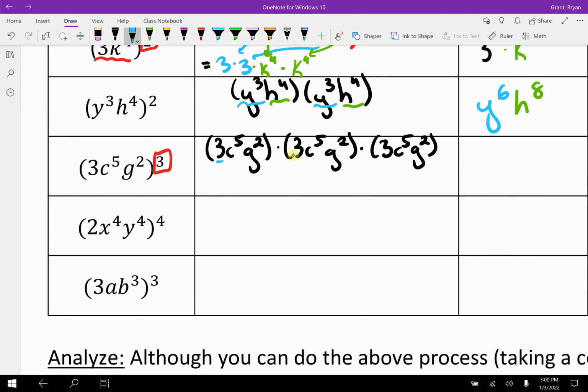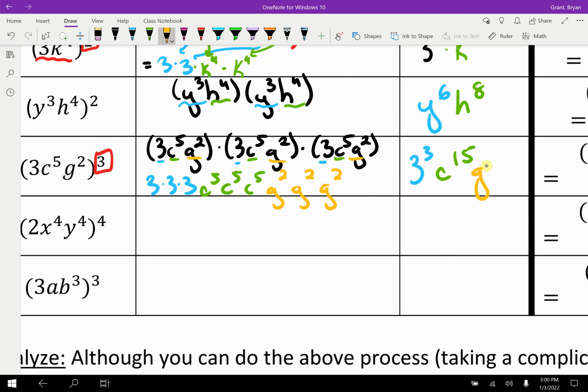So I'll put all the 3's first. I'm just going to color coordinate. 3 times 3 times 3. That means there'll be a 3 cubed in the answer. And then c to the fifth, c to the fifth, c to the fifth. That means there will be a c to the 15th. And last but not least, g squared, g squared, g squared. 2 plus 2 plus 2 is going to be g to the sixth power.